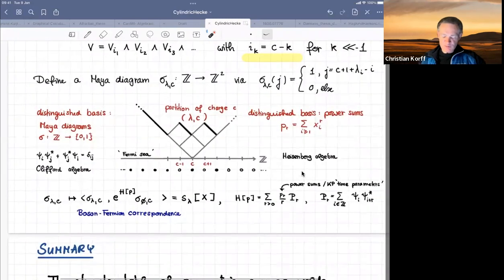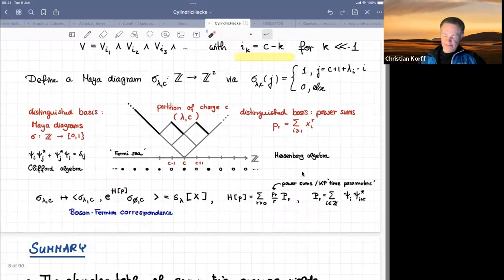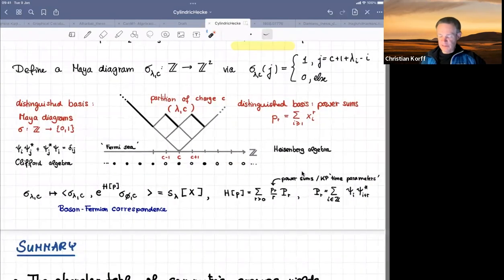And the boson-fermion correspondence takes such a configuration, which encodes your half-infinite wedge, and maps it to a Schur function via this graphical identification. So you take your ghost stone configuration, draw this little picture that gives you a lambda, and map this Maya diagram to the corresponding Schur function. You can write this map in terms of vertex operators, and that's where the KP hierarchy comes in.